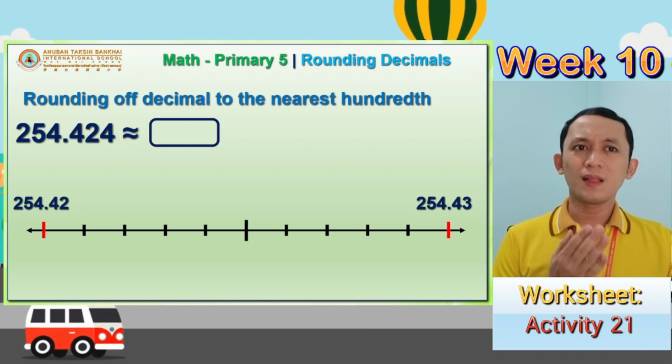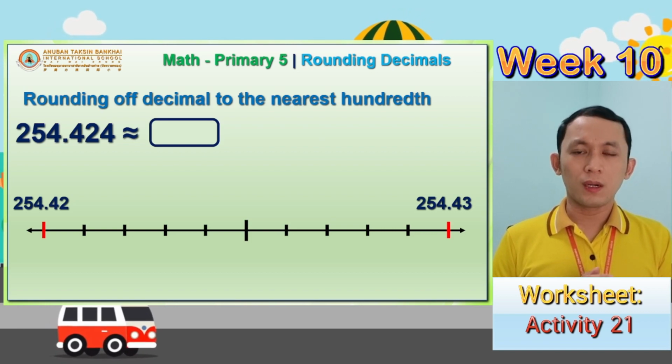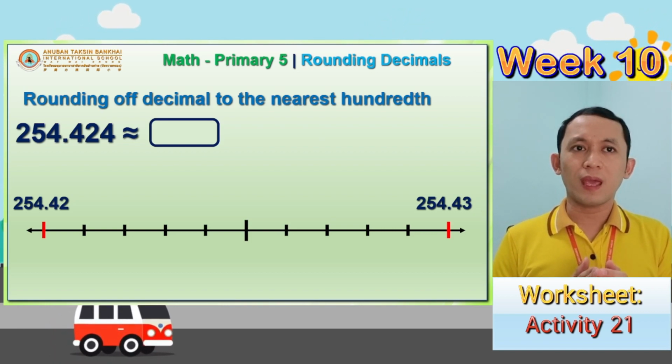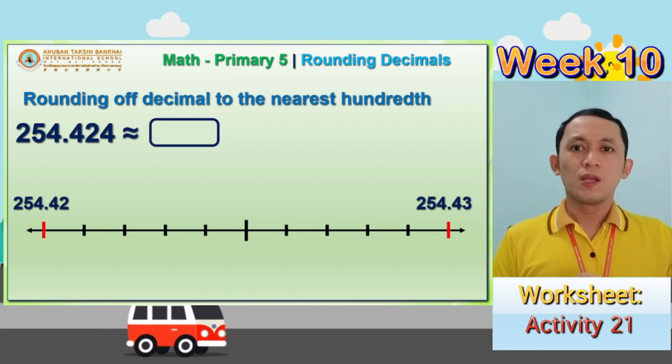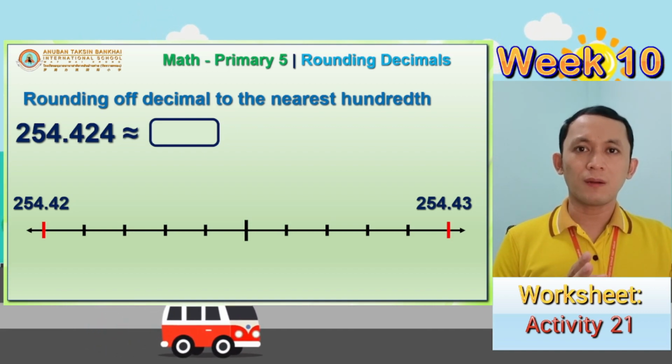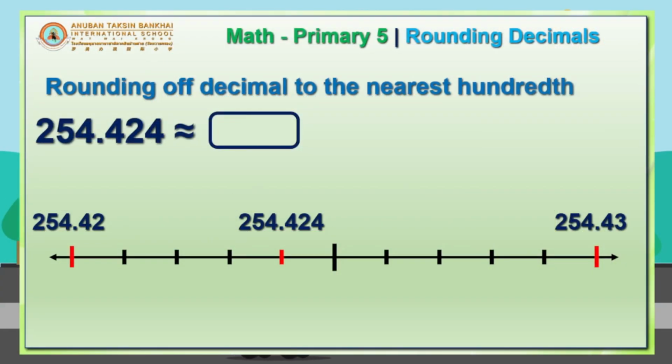Now, let us identify the exact position of our number. In this example, we have 254.424. So the exact position of our number is in this line here. And again, the line here on the middle, this is our midpoint.